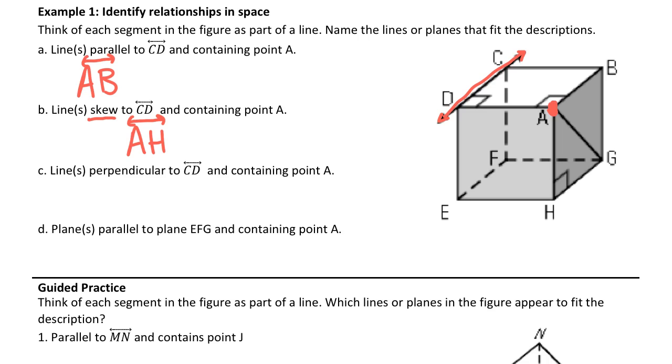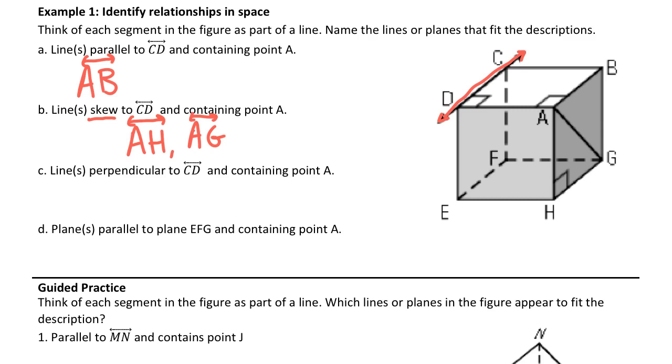Another example of a skew line, if you look closely, is the line AG, okay? Because AG is going along this side. It's never going to intersect CD, and it isn't part of the same plane. So that's another thing to keep in mind. Parallel and skew both mean not intersecting, but parallel lines have to be part of the same plane. Skew lines are not part of the same plane.